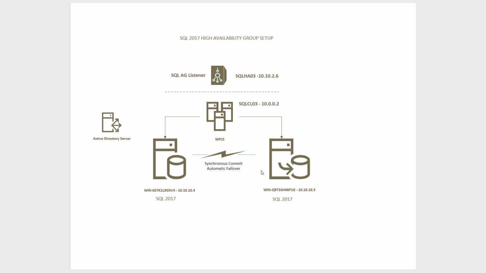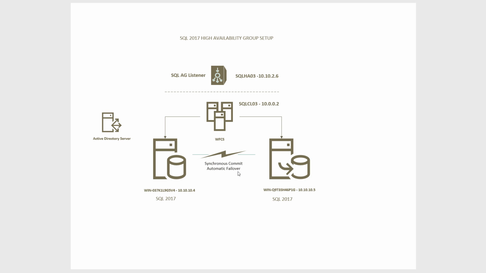Synchronous commit makes sure that any transaction will commit on both instances before it's considered a successful transaction. The automatic failover has a new option called database level health detection, which was introduced in SQL 2016.